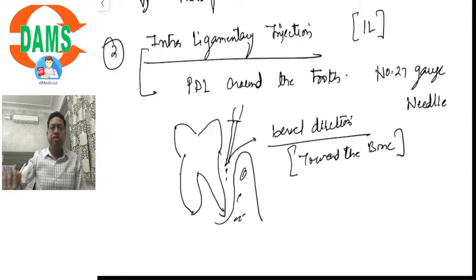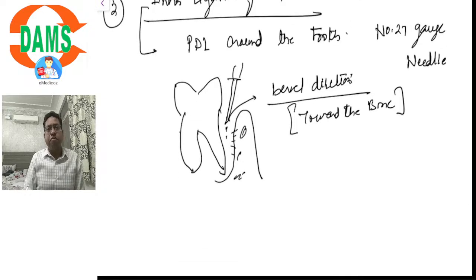The bevel is oriented toward the bone so that the local anesthetic diffuses through the cribriform plate into the cancellous bone around the tooth and anesthetizes the nerve fibers there. So the direction of the needle bevel is important here. It is immaterial for the primary inferior alveolar nerve block technique, but for intraligamentary injection, it should be toward the bone.